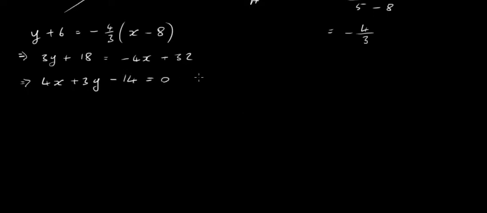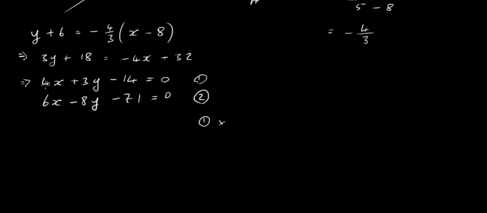Okay, so I'm going to call this equation 1, and we'll put the other equation underneath it, and that one was the one we were given in the question, so that was 6x minus 8y minus 71 equal to 0. So I think what I'll do here is we want to find the point of intersection of these two lines. So I'll take equation 1 first of all, and I'll multiply that by, I'm going to try and eliminate these x's, so I'm going to want to make these into, let's say, 12.